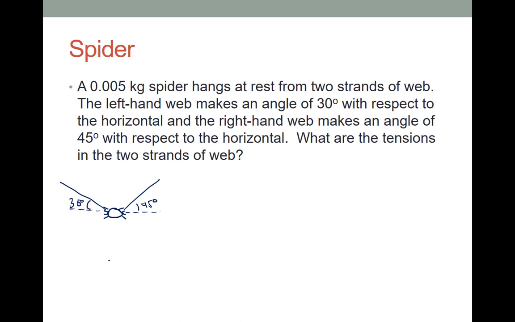Drawing the spider's free body diagram, we have the spider's weight, we have the tension from the right-hand web, and the tension from the left-hand web. And again, we know our 2 angles of 45 degrees and 30 degrees. I'm going to use a standard XY coordinate system again for this problem.